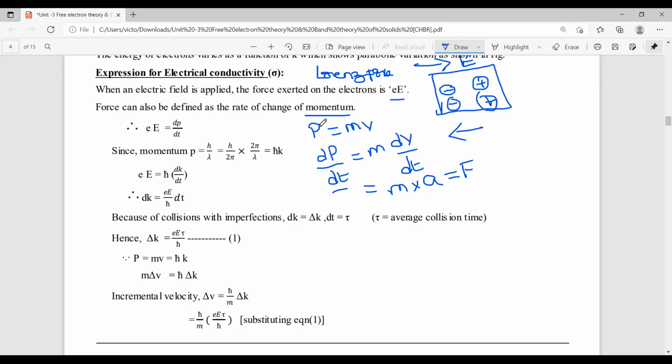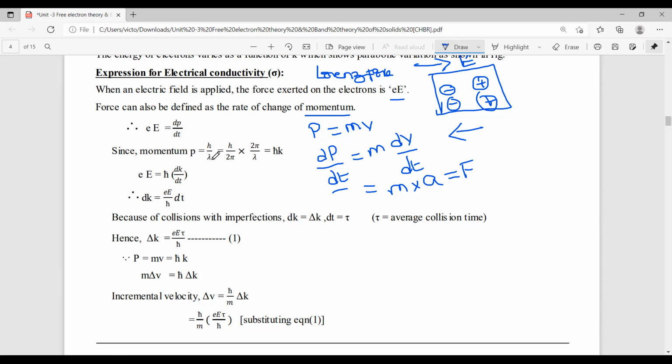Taking differentiation on both sides with respect to time, m is the mass of the electron and is constant, so we get m dv/dt, which is mass into acceleration, that is force. Here eE is an expression for the force, and m dv/dt is also an expression for the force.